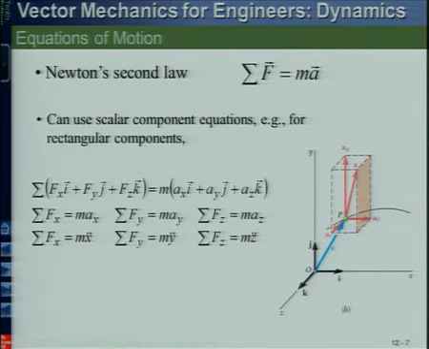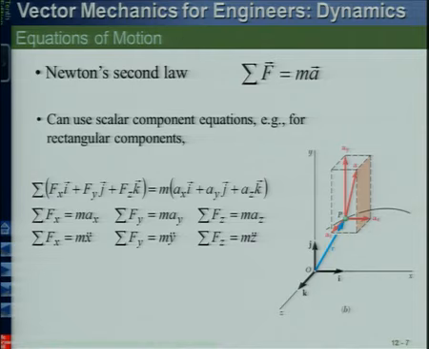This form would be easy to use if the forces are constant. Because if the forces are constant, then what I will get is m x double dot is equal to a constant. I integrate that to get x as a function of time, y as a function of time, z as a function of time. So if I have constant forces, then this will be a useful form.